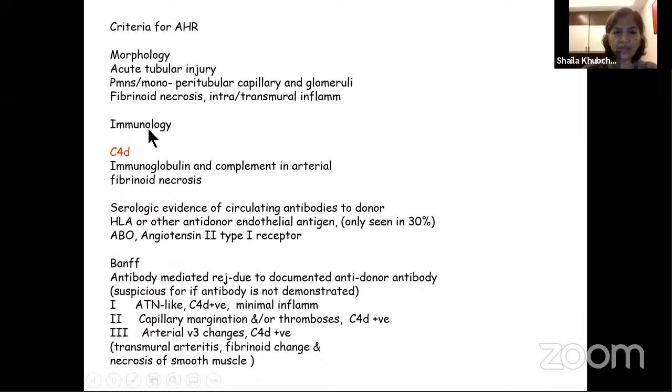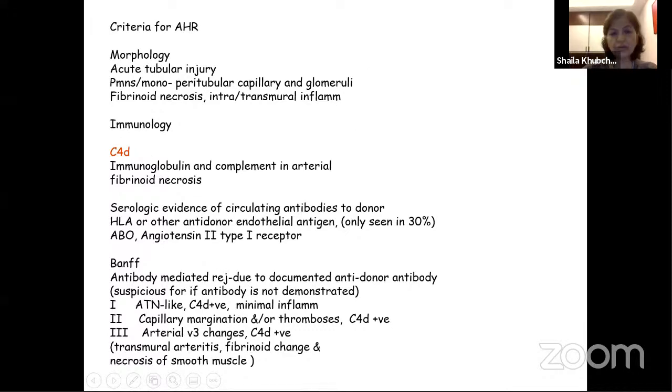And this, therefore, is an extremely important criterion which has to be taken into account along with the presence of DSAs. BANFF, of course, has helped us to classify it, and these are the histology classifications which are put out once you have the C4d and DSA levels.